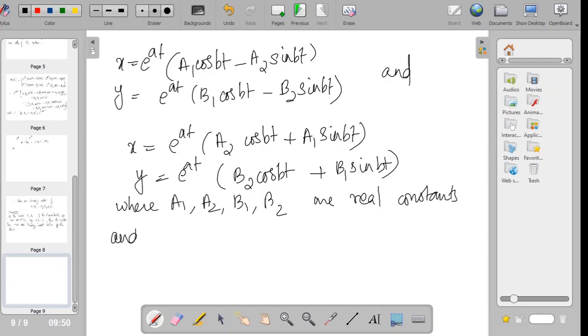And the general solution is given by a linear combination of both the x components and y components.